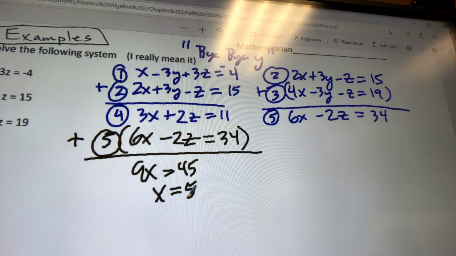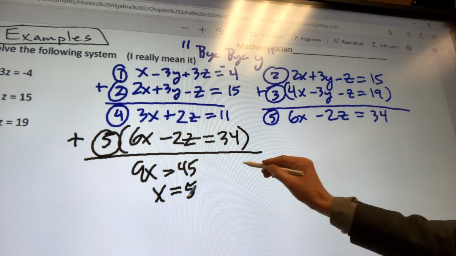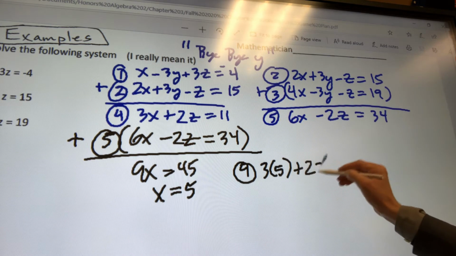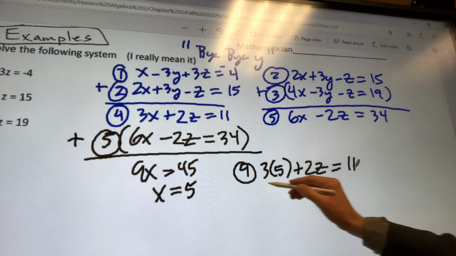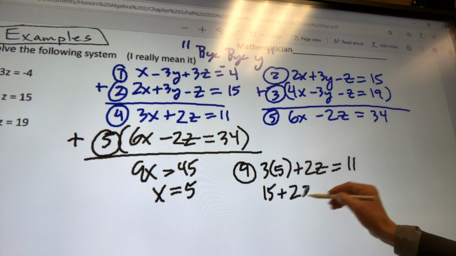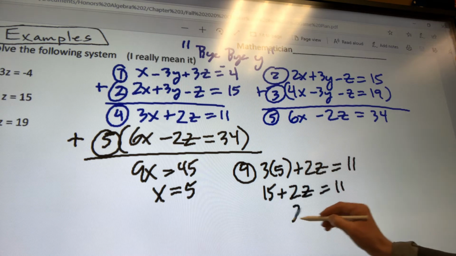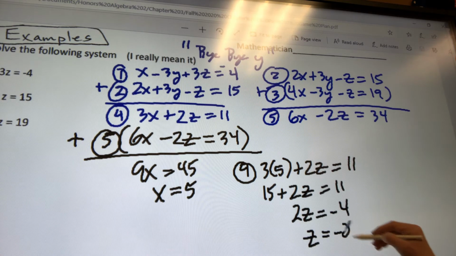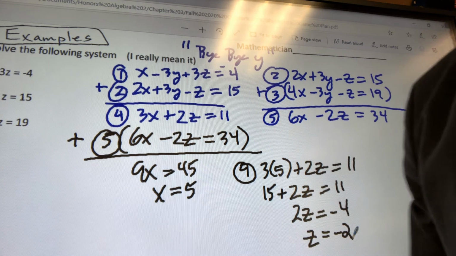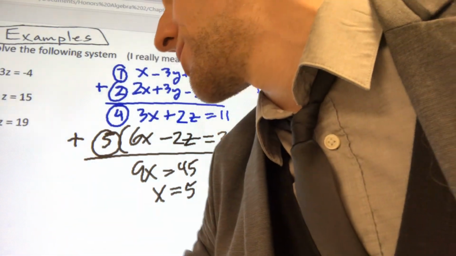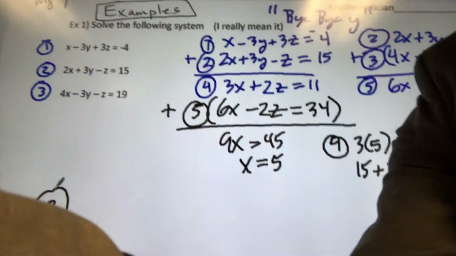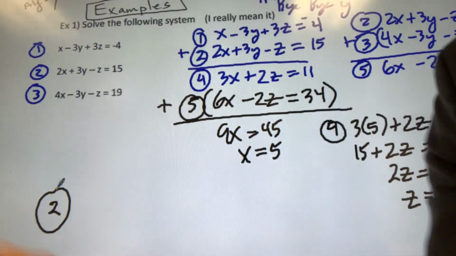With that x is 5, I'm going to use equation 4, which said 3x plus 2z is 11. 15 plus 2z is 11. 2z is -4. Z is -2. I'm going to go back to one of those original equations, that would be equation 2.